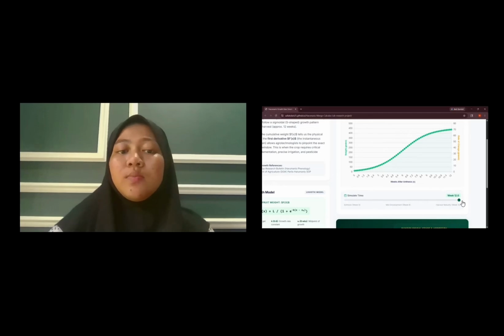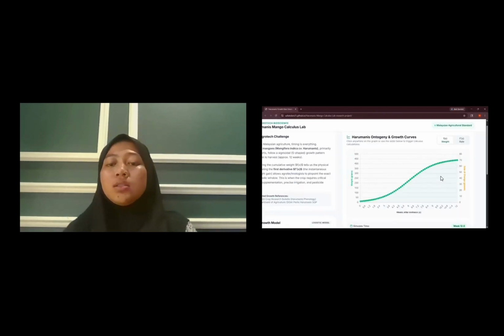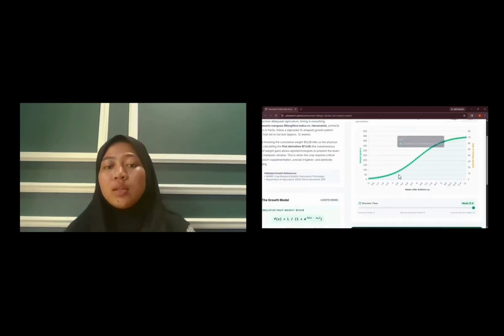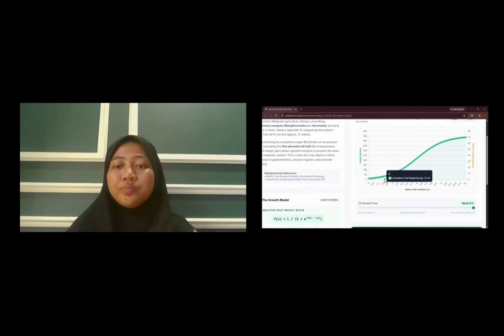The weight reaches its maximum limit of 450 grams and the speed drops back to 0, so the mango stops growing bigger and is now just getting sweet and ready to harvest. On this graph we can see how long the Harum Manis mango takes to get sweet and ready to supply.